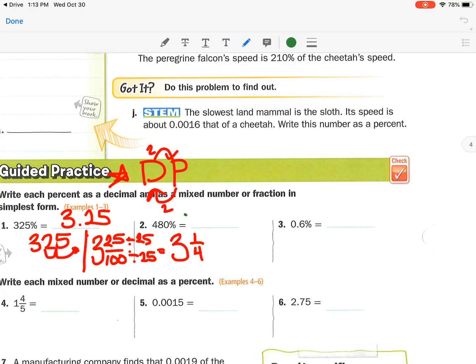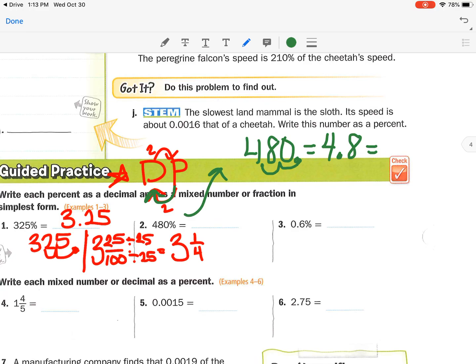480%, but I'm going to go ahead and move that one kind of up here. So 480%. Again, I'm going from a percent to a decimal, which means my decimal point's at the end. I'm going to move it 2 places to the left, which now equals 4 and 8/10. I can drop that 0 or I can leave that 0 on, but for the sake of simplifying, I'm just going to drop that 0 at the end. So 4 and 8/10.